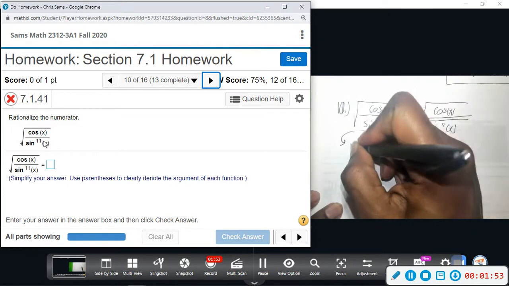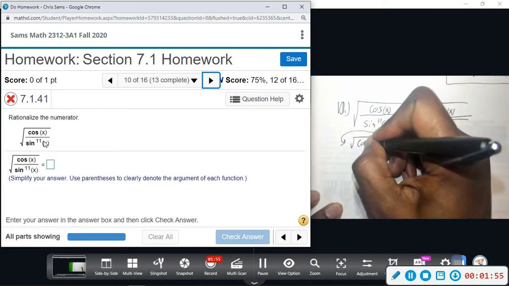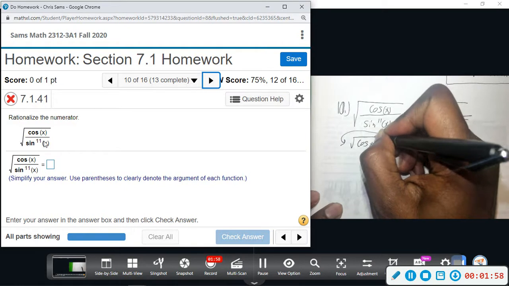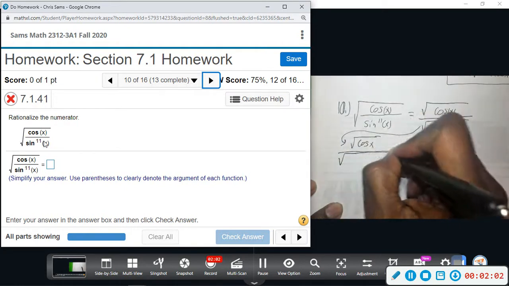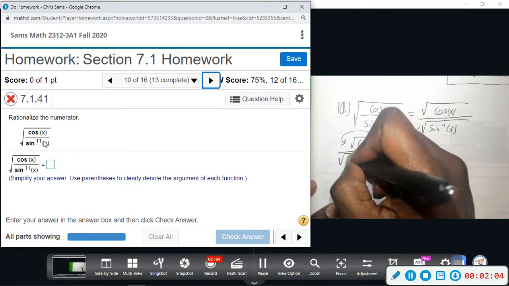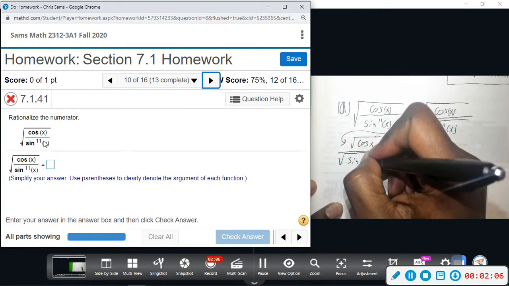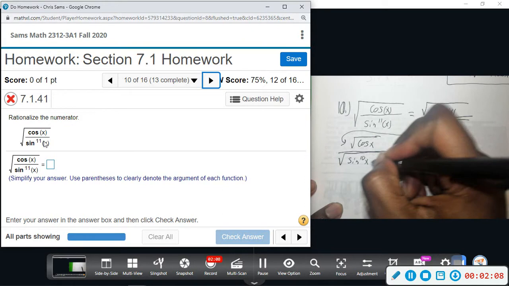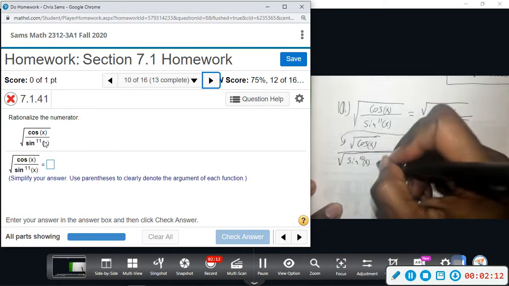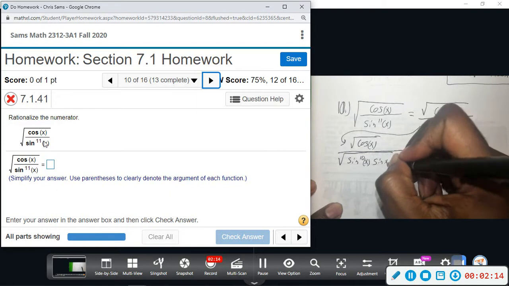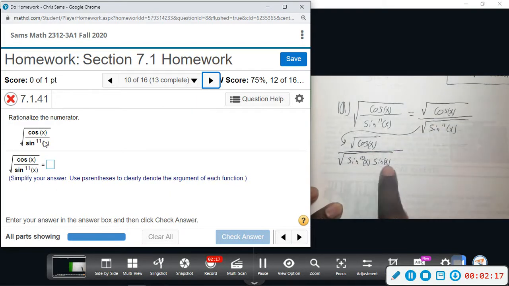So we have square root of cosine of x on the bottom. I'm going to write this as sine to the 10th power of x times sine of x. So what I've done is I've just taken one of those sines out. Alright, so from here you can see that 10 divided by 2 will give us 5.